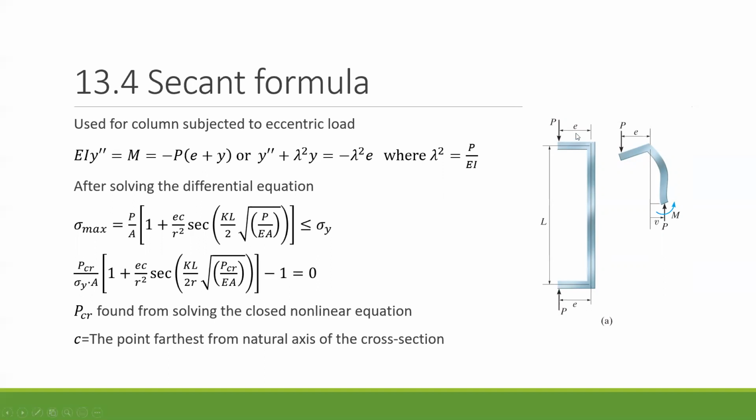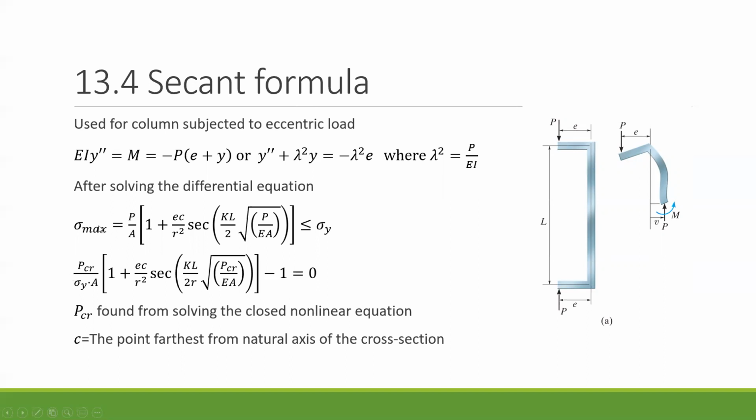What if an eccentricity happens on the column? How does our result change? First of all, our solution becomes more complicated. I don't want to make the proof in the slide, but I can state the result.